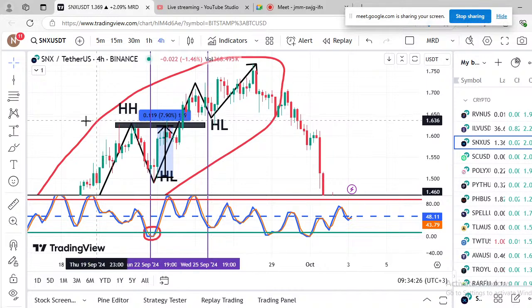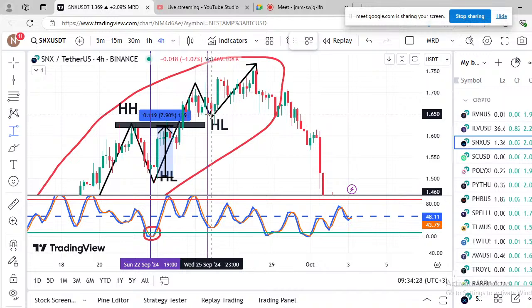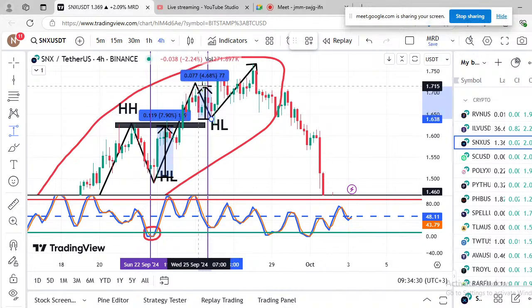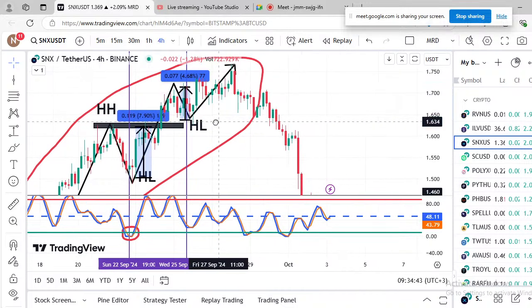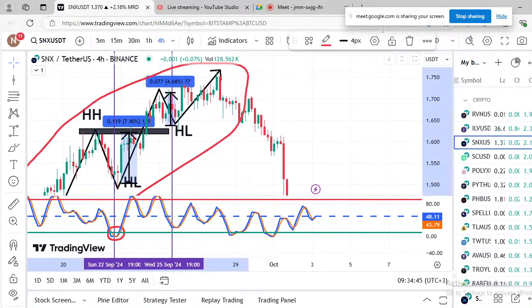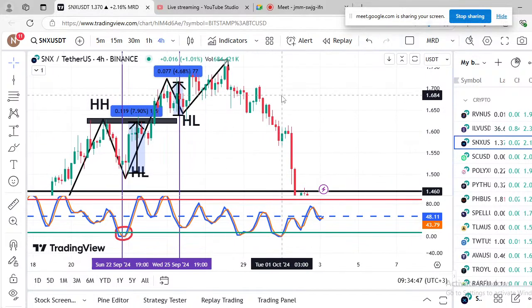Therefore, here it was another entry targeting the previous high, whereby it was another 4%. Let's go up to the current price and we see whether you could keep trading.